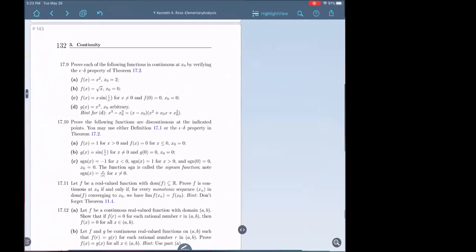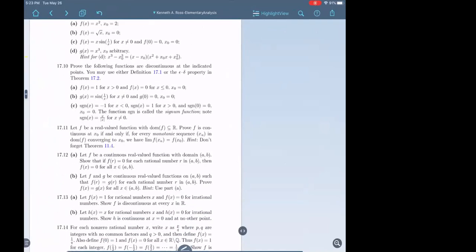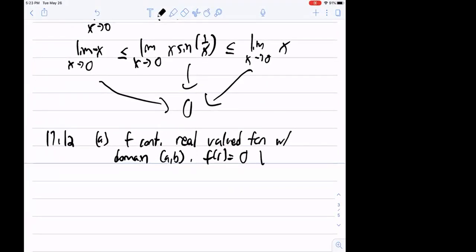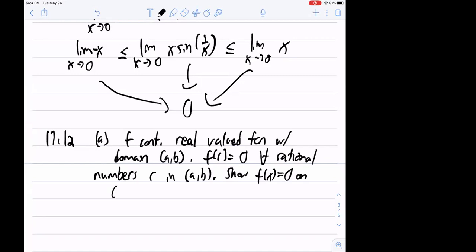Let me see if I copied it correctly. f of r is 0 for all rational numbers r in [a, b]. Show f of x equals 0 on [a, b]. So this is the nice thing about continuity. Information about your function on rationals basically tells you a lot about points nearby.